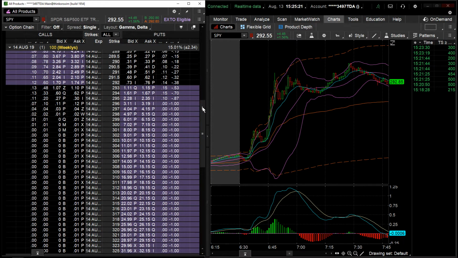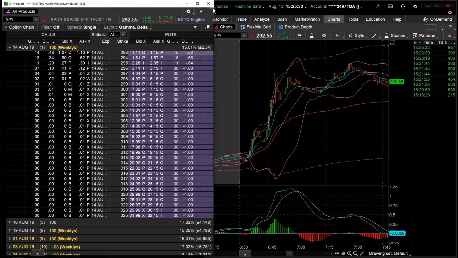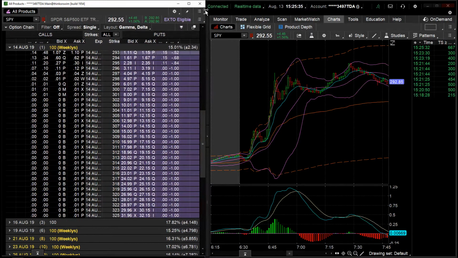The calls right here are around 20 cents. We can see the ask at 30 and the bid at 27. If I wanted to get in expecting the stock to go up, I'd get around 30 cents, a strike price of 295, and get in at 30. If I wanted to get out as soon as I got in, I would get filled at 27 cents.